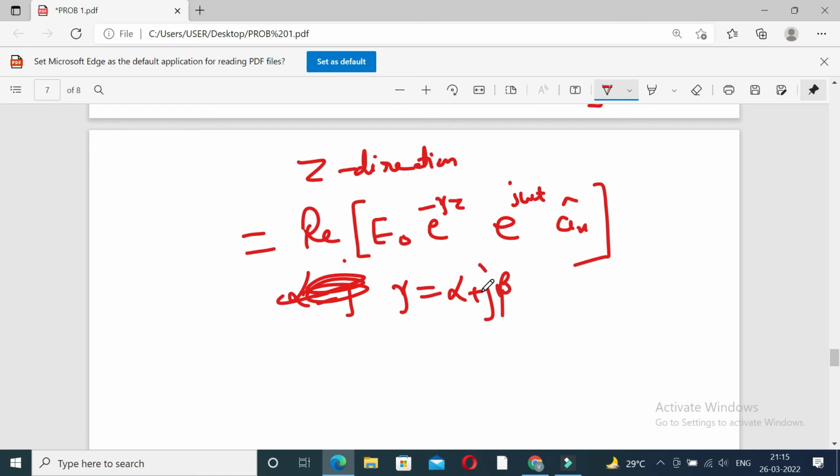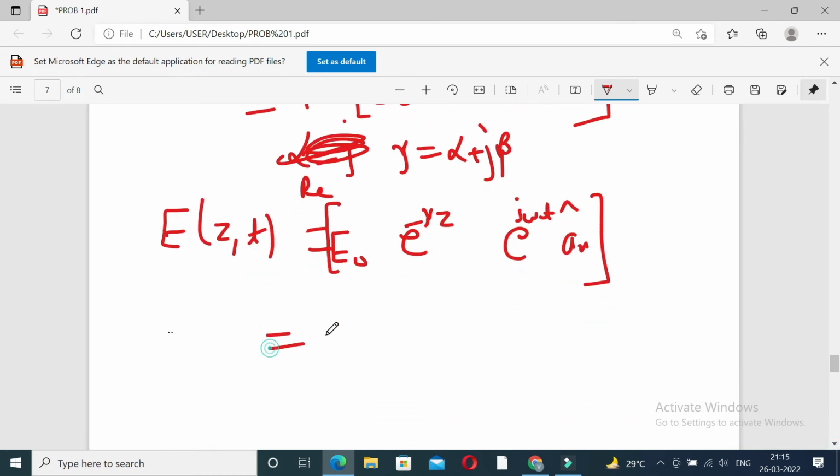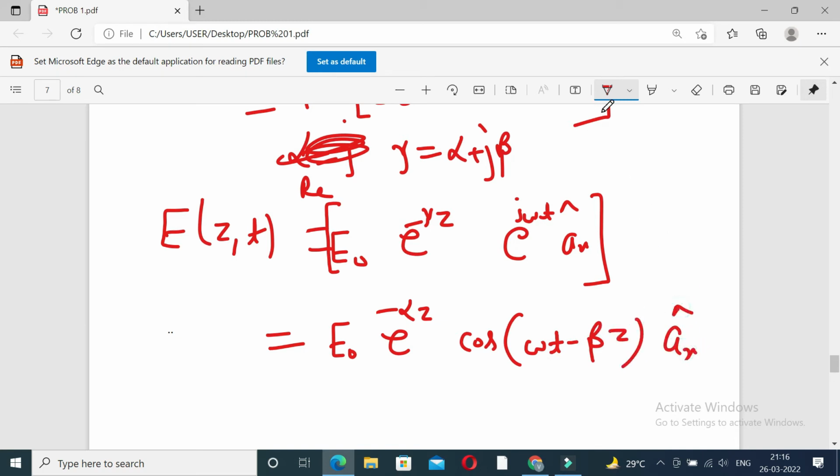So put the values of gamma and we get Ex z t is equal to E naught e to the power minus gamma z e to the power j omega t ax, real value, and it is equal to E naught e to the power minus alpha z cos of omega t minus beta z into ax.